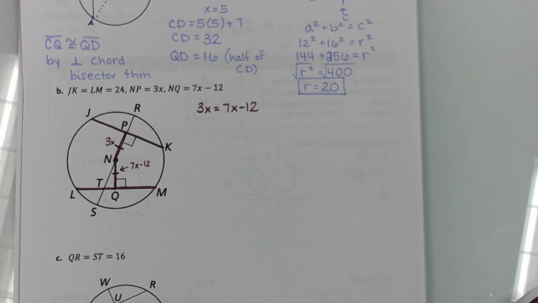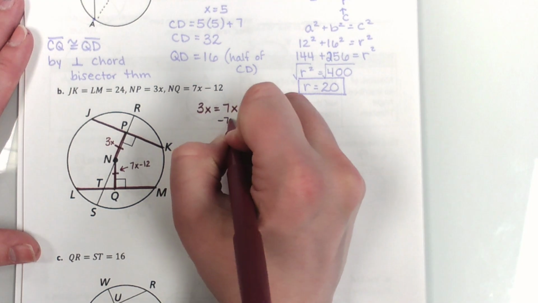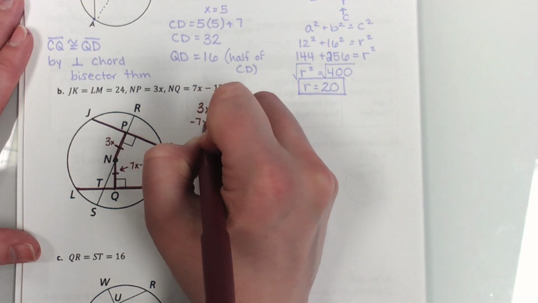Now, for some reason, solving an equation like this tends to trip people up a little bit. If I want to solve it the fastest way, what am I going to do first? Subtract the 7x. For some reason, people are so averse to getting negatives that they say subtract the 3x.